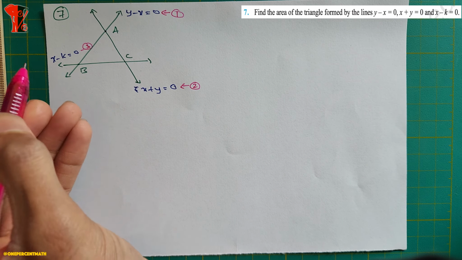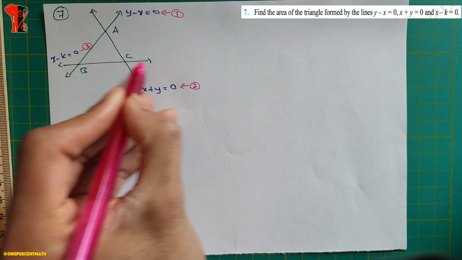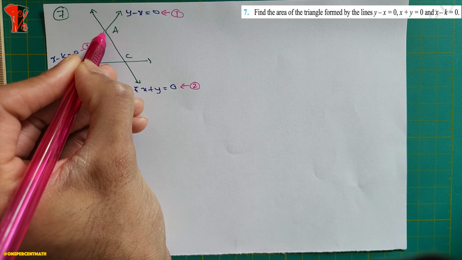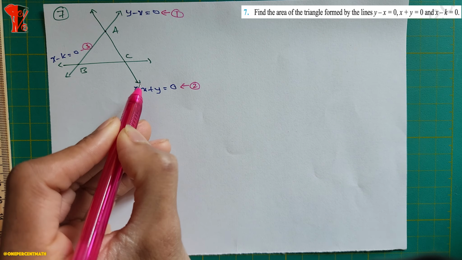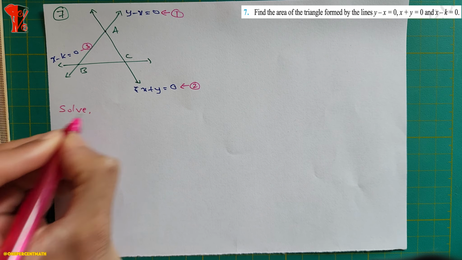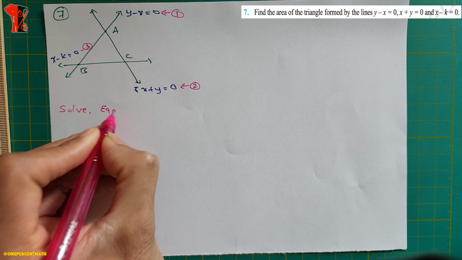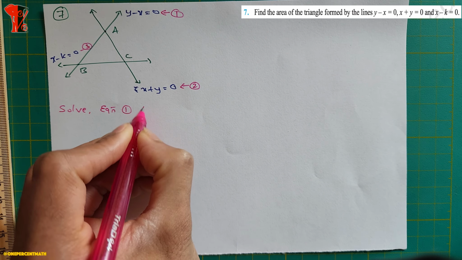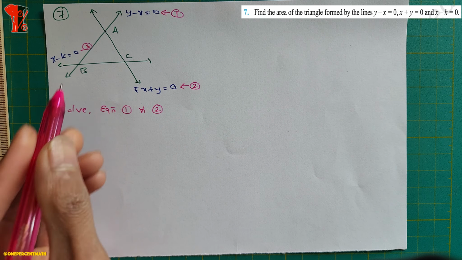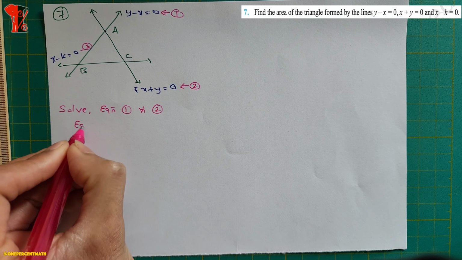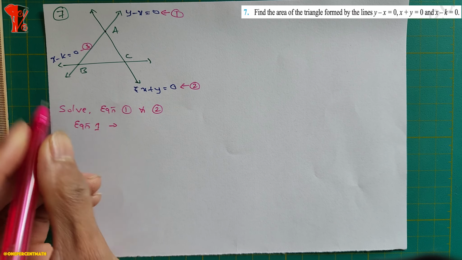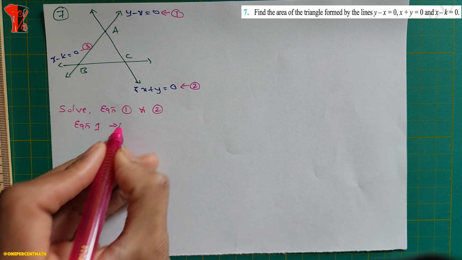If I want to find the coordinates of this point, it's the intersection of equation 1 and equation 2. So we are going to solve equation 1 and equation 2. From equation 1, y minus x is equal to 0, correct?